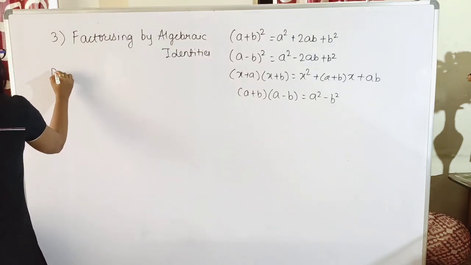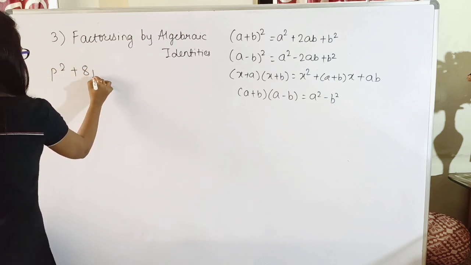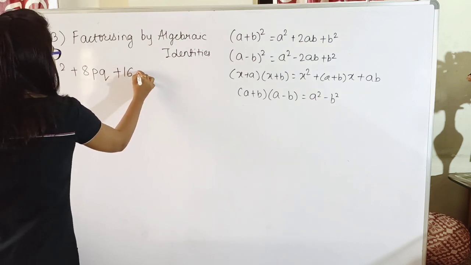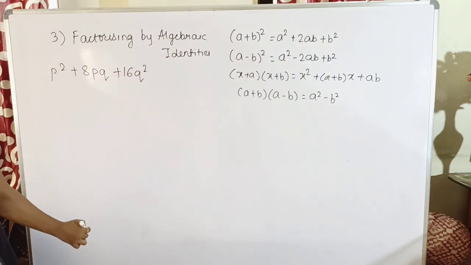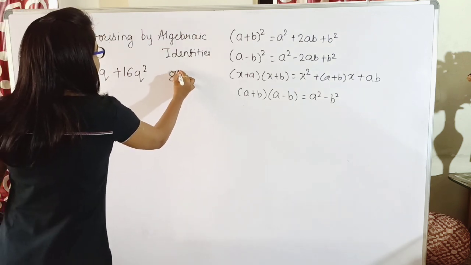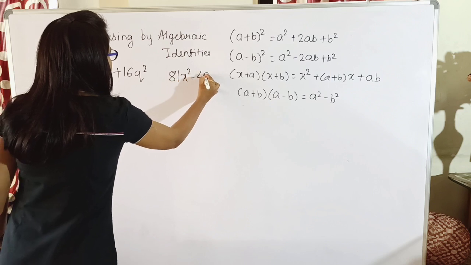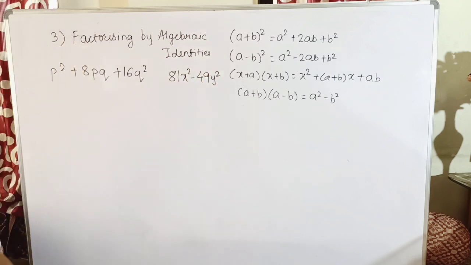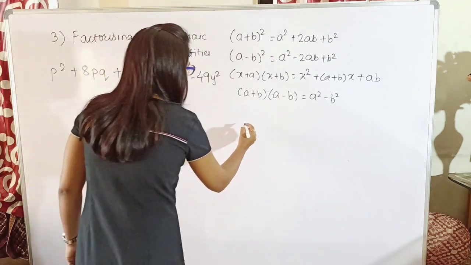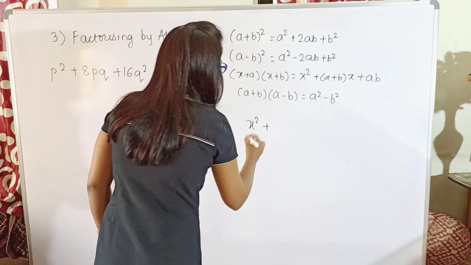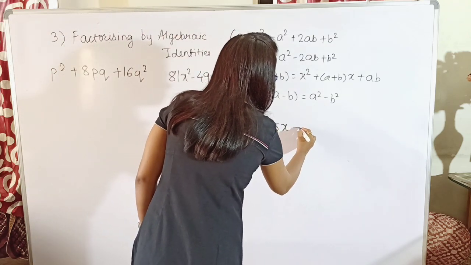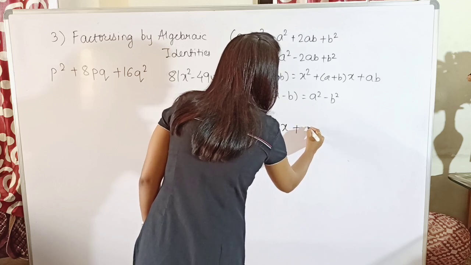The first example is p square plus 8pq plus 16q square. The second one is 81x square minus 49y square. Okay, one more, x square plus 5x plus 6.